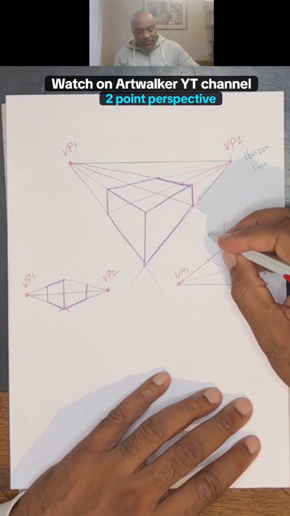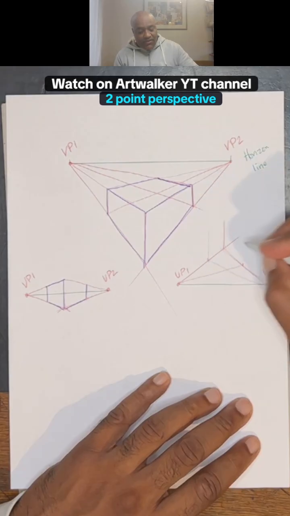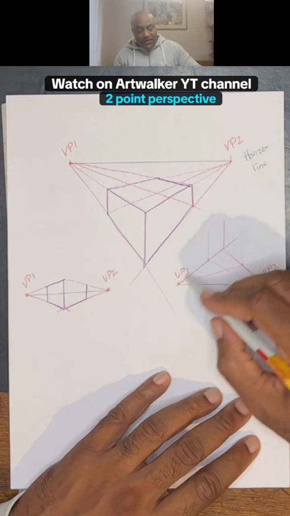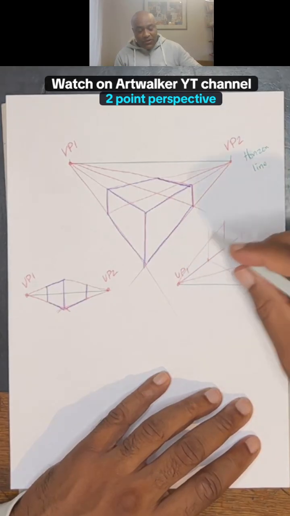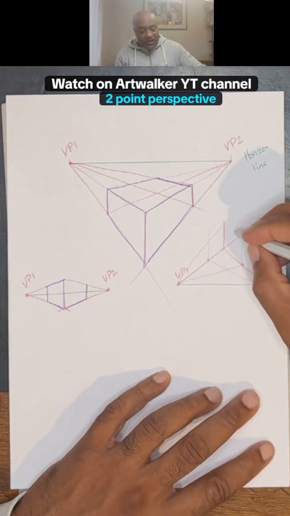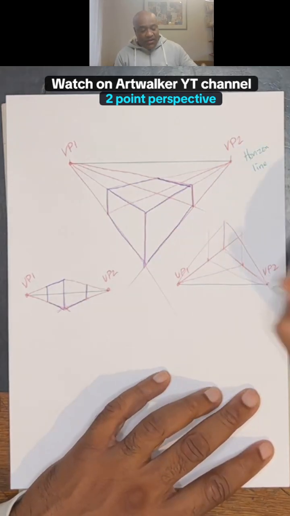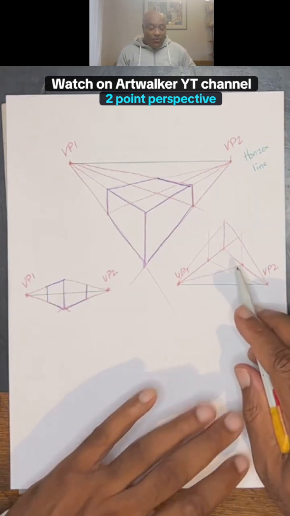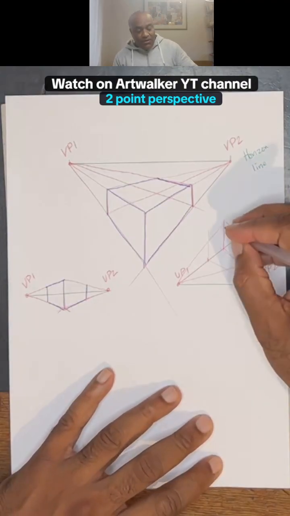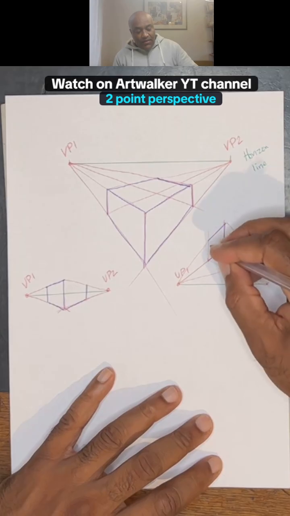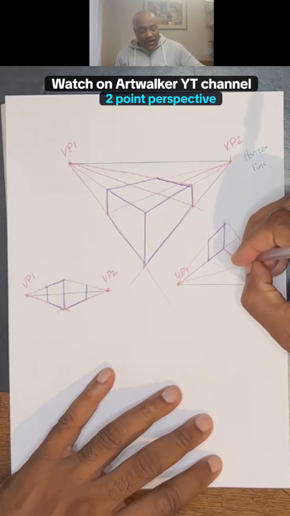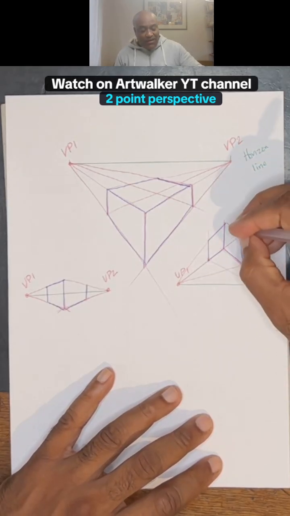Orthogonal or vertical lines go up like so. Horizontal lines are affected by vanishing points. Straight ones, not like mine, bent ones here, but never mind. And there you go. Now we have our box, and we are now viewing it from underneath.